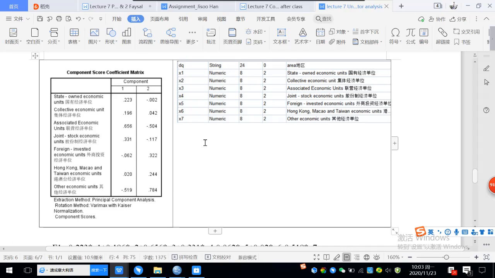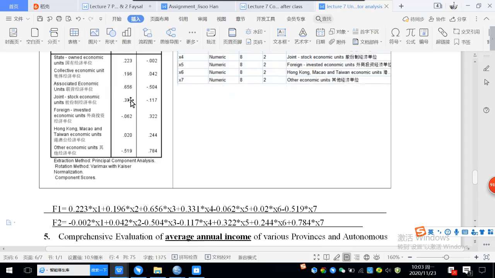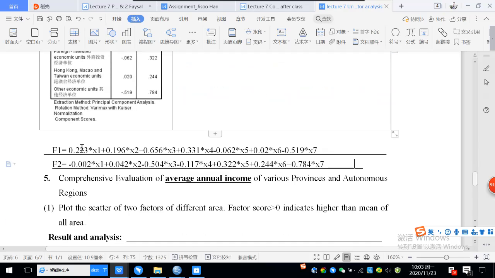Okay, sir. According to the component score coefficient matrix, we can write down the regression model to calculate F1 and F2.